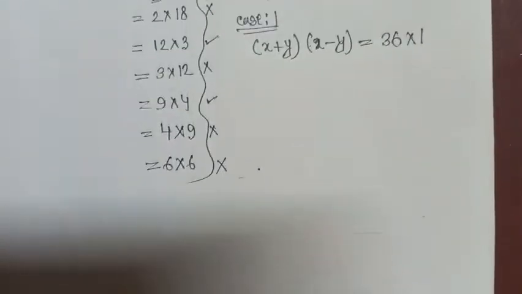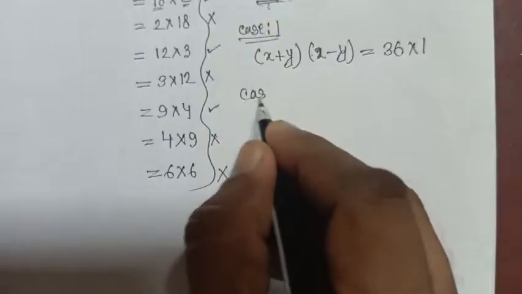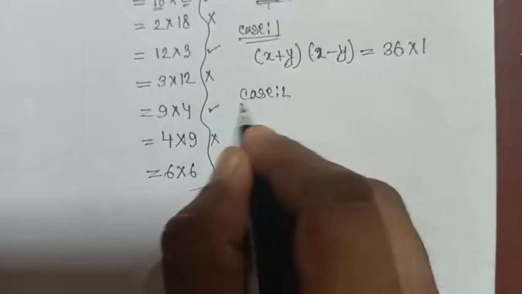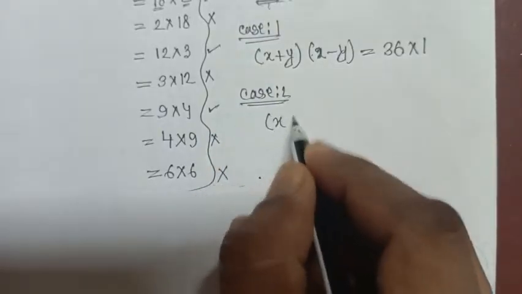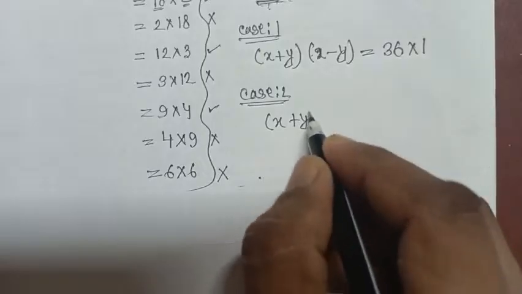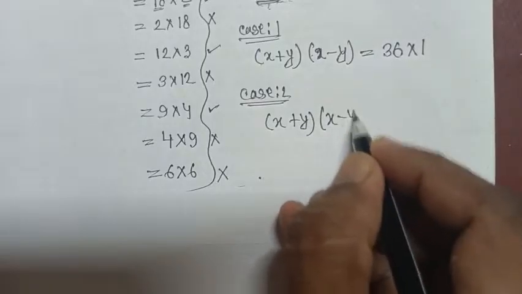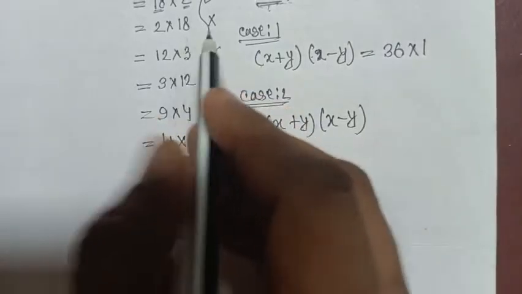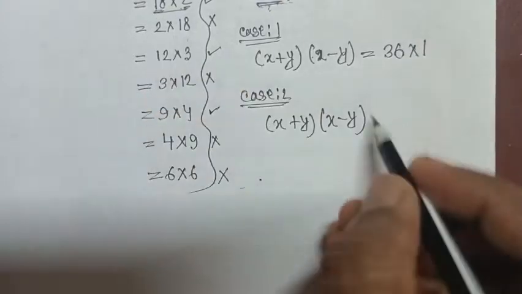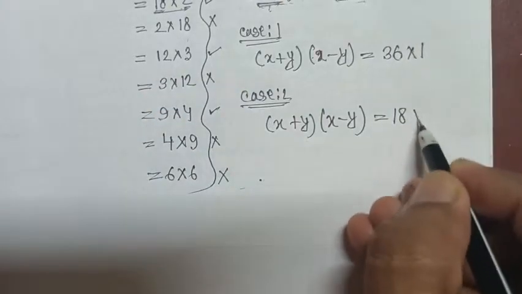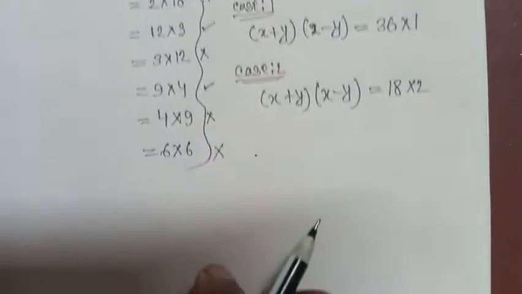Similarly, for case 2, x plus y into x minus y, we got 18 cross 2.